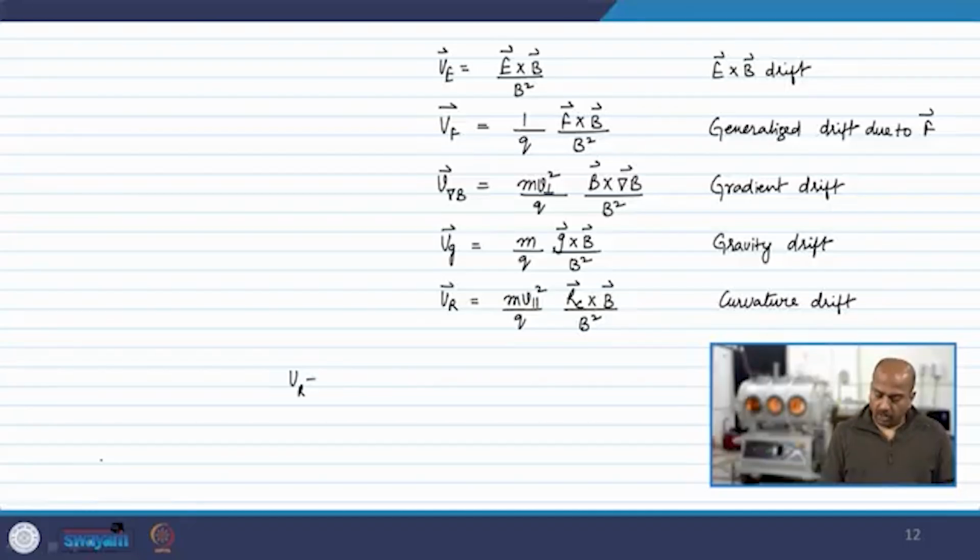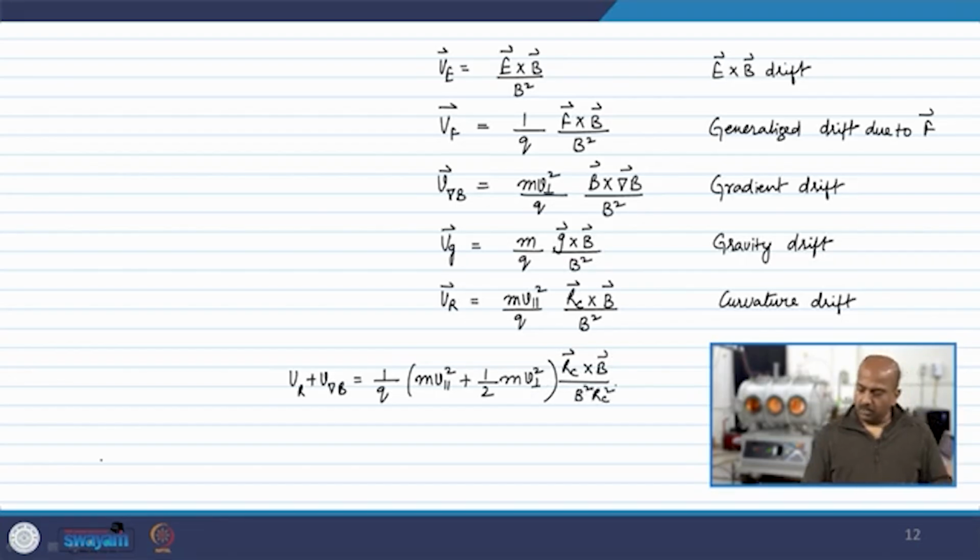vacuum drifts. V R plus V del B is 1 by q times m v parallel square plus half m v perpendicular square times RC cross B by B square RC square. What is this?